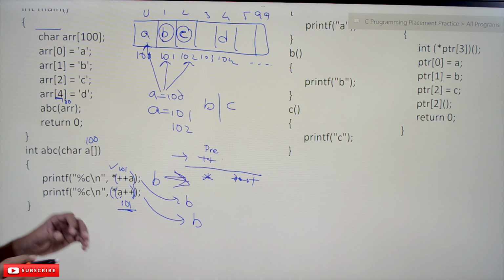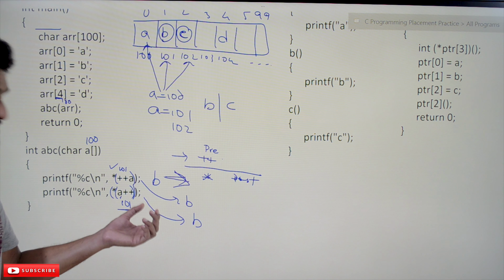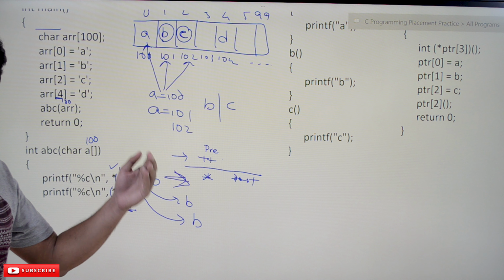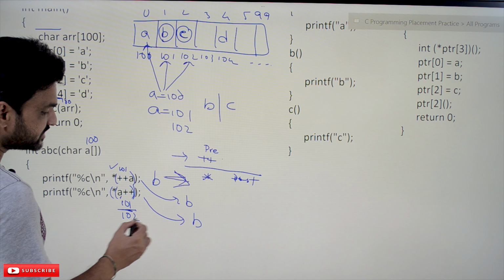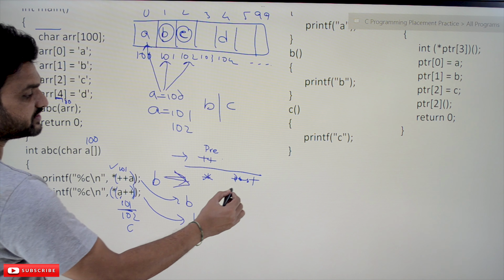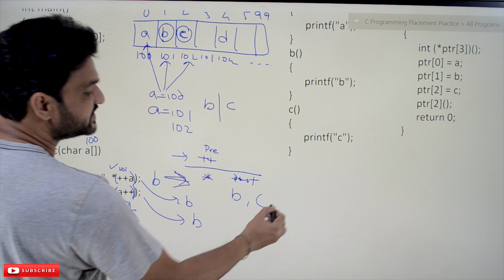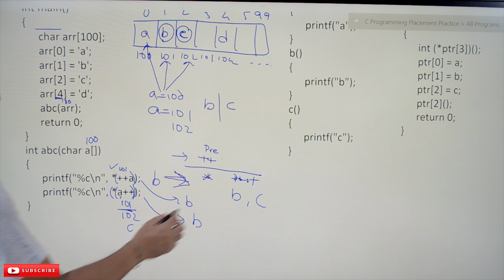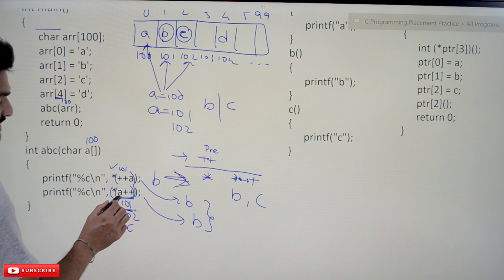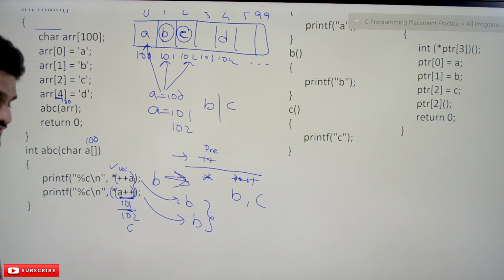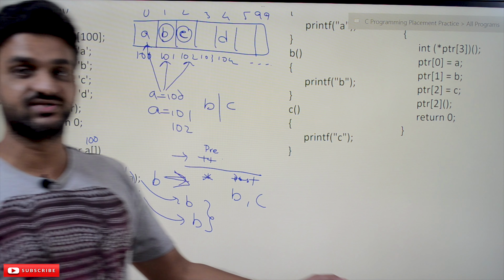What we will think is A++ means 101 plus 1, 102, and 102 star is going to be C, so we would consider the output as B and C. But the output is B and B, because it is post-increment. The value of A is considered first, and after that the incrementation happens.